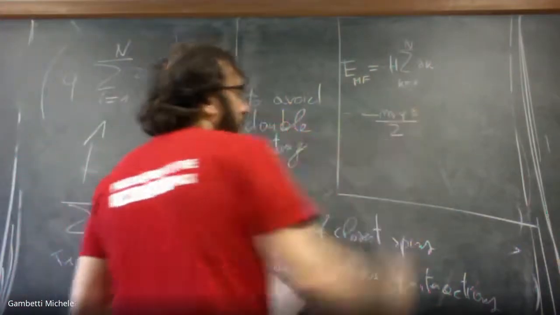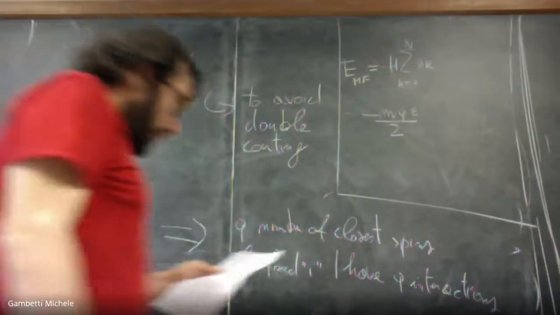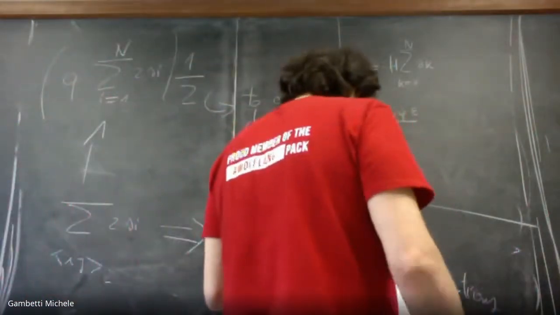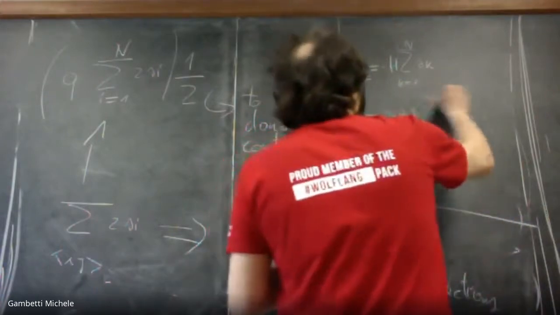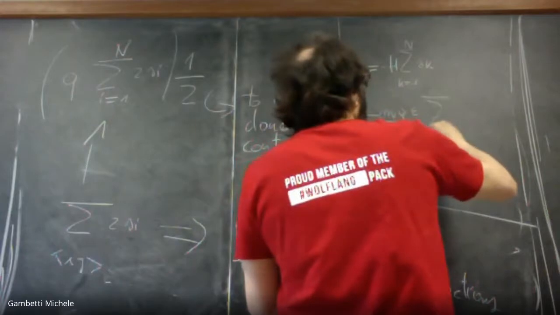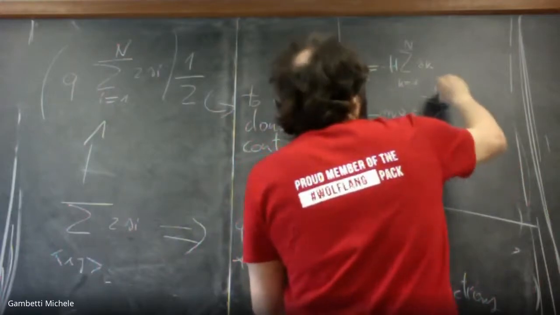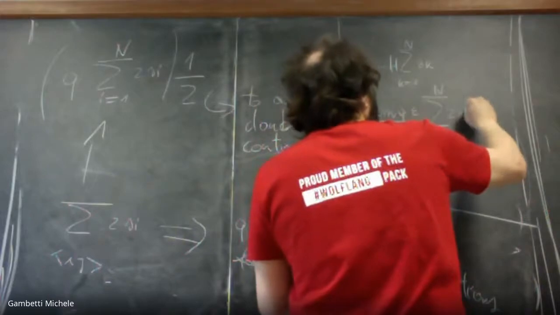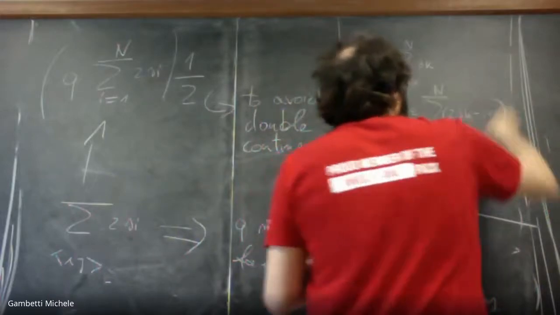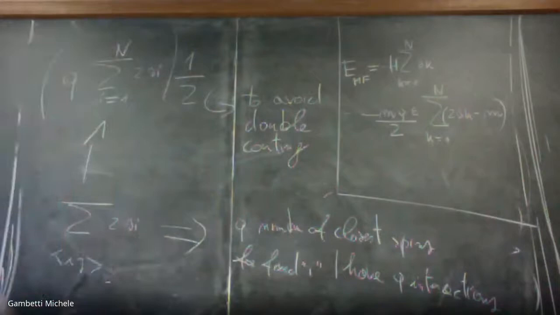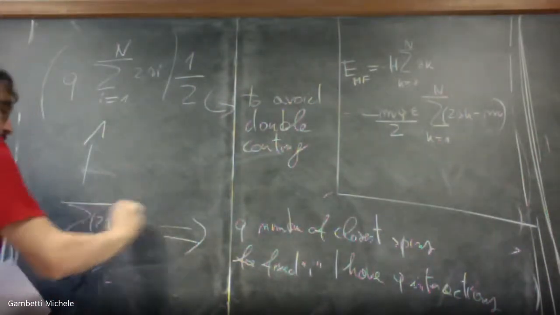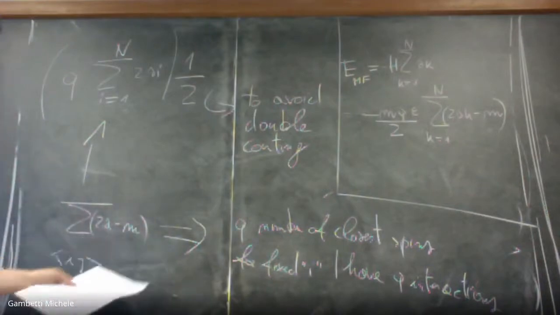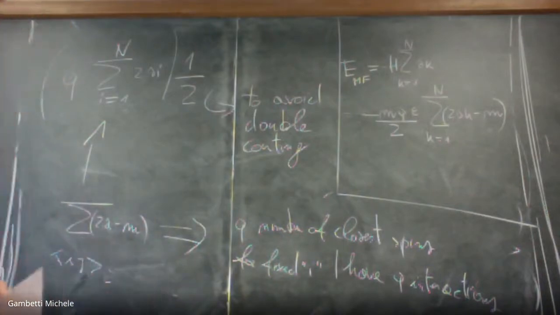Q is the number of the closest spins. And this is multiplied by the sum from k=1 to n of what was left, 2Sk minus m. I have to include m also, because m was included in this sum, but it's just a constant.